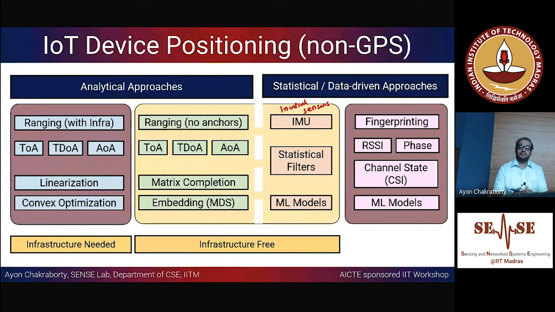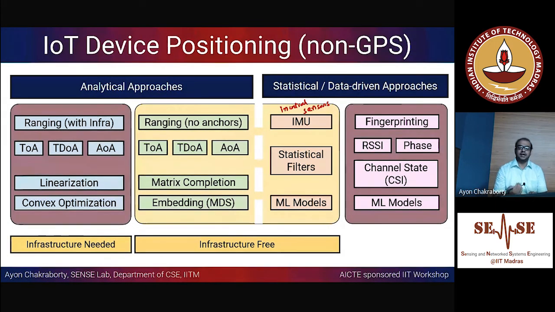Those information could be derived from the IMU, and sometimes we just use the IMU itself to localize. We don't need any other reference point. Your reference point is where you started from: wherever you start walking from is your 0, 0, and from that position you keep on walking.